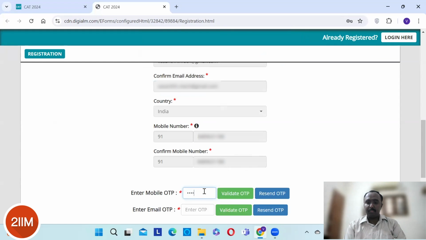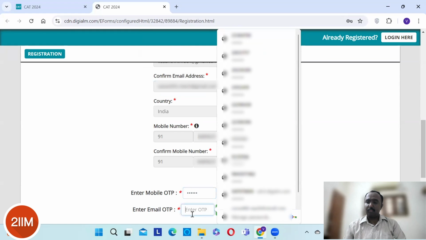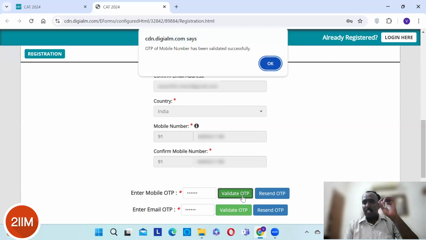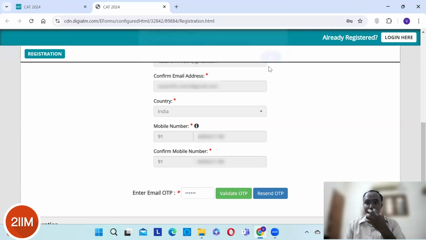We need to enter both. Ensure you are entering both the OTPs, guys. The first one will be based on your mobile OTP and the second one will be based on your email OTP.